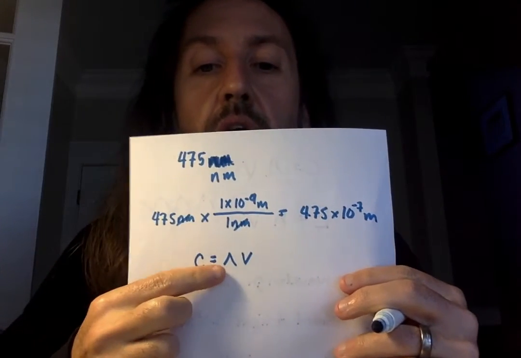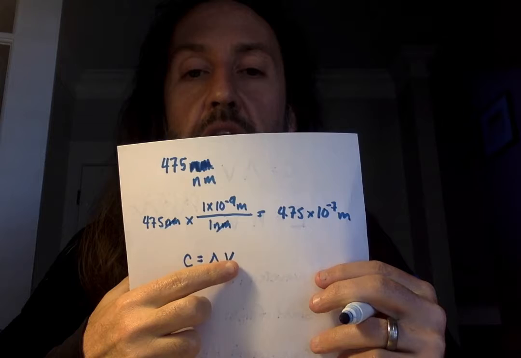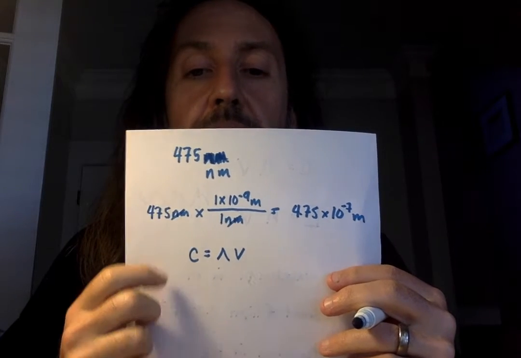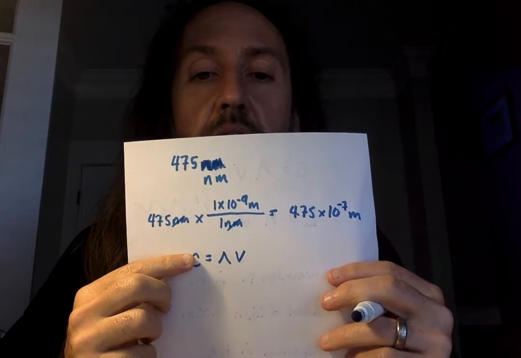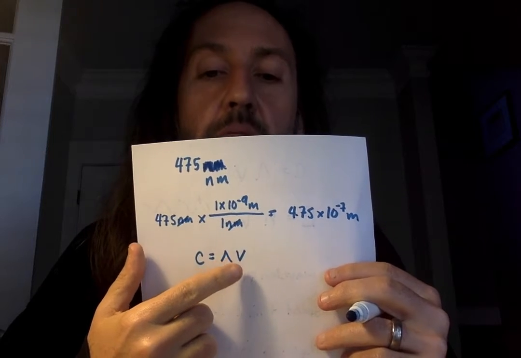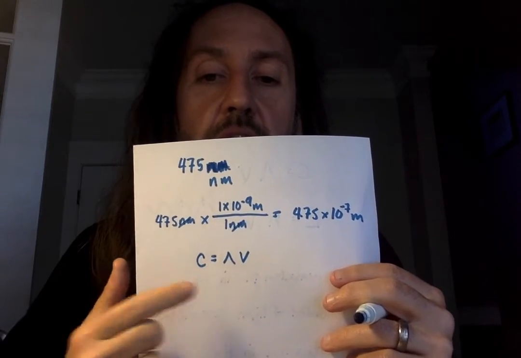And then I can find the frequency. So since c equals lambda nu, lambda being the wavelength, nu being the frequency, and I know the answer here, I can divide both sides by the wavelength to get the frequency. So I'm going to do that.